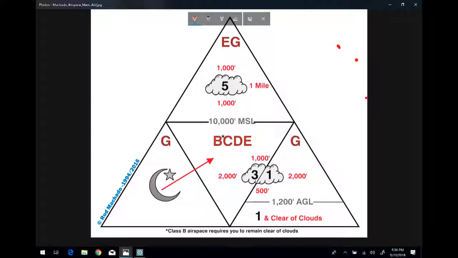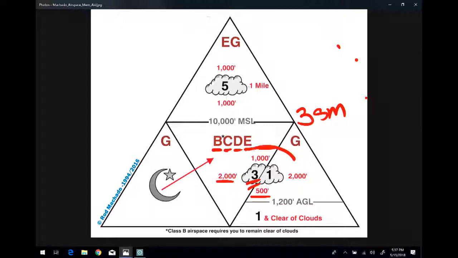So below 10,000 feet MSL, in Bravo, Charlie, Delta, and Echo airspace, B, C, D, and E, your VFR weather minimums are 3 statute miles visibility, and you should get no closer to a cloud than 500 feet below, 1,000 feet above, and 2,000 feet horizontal to a cloud.